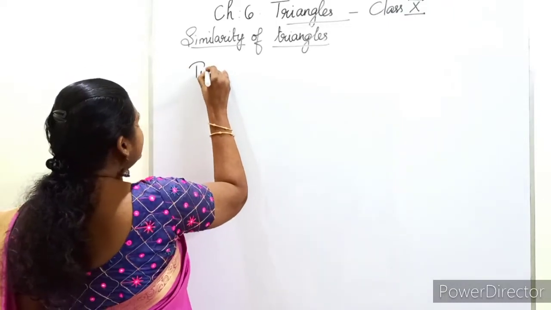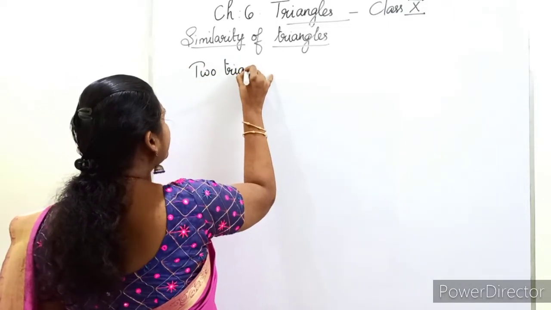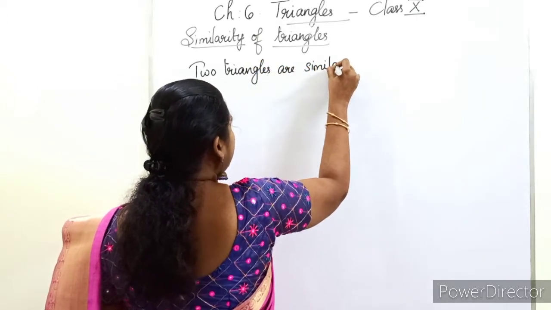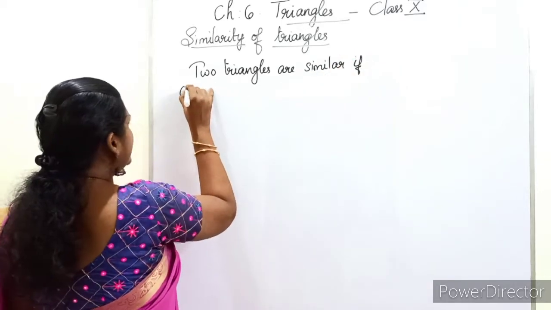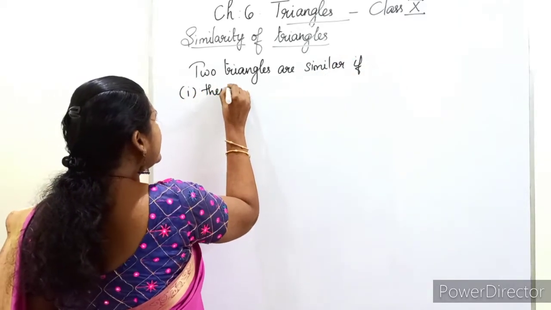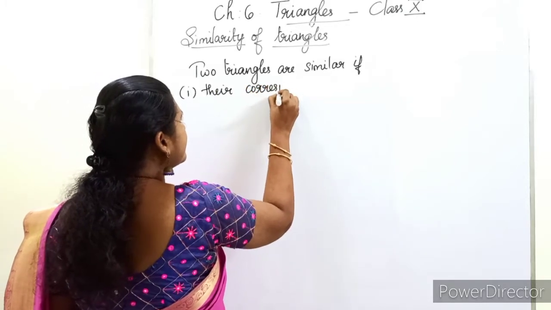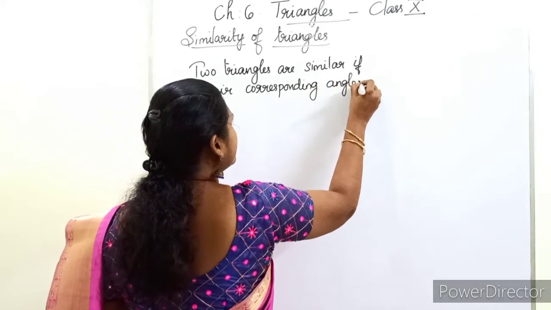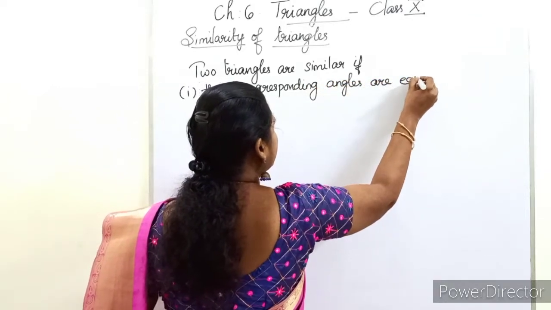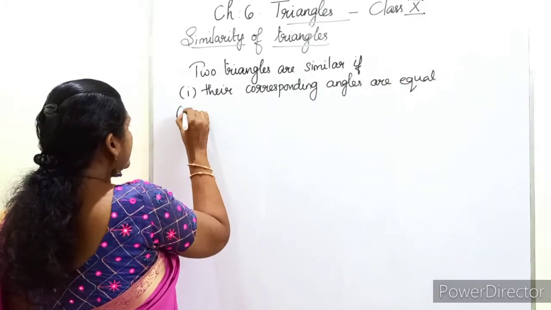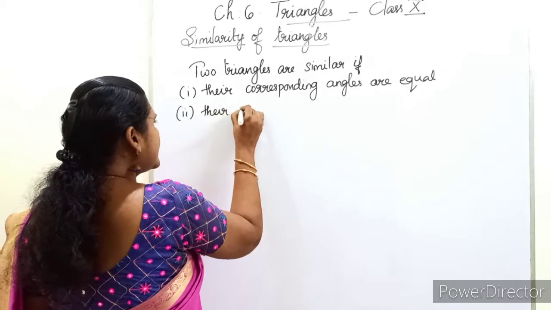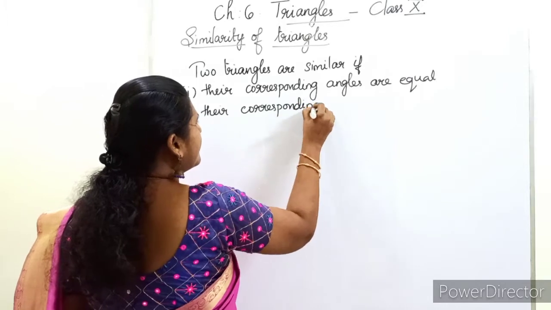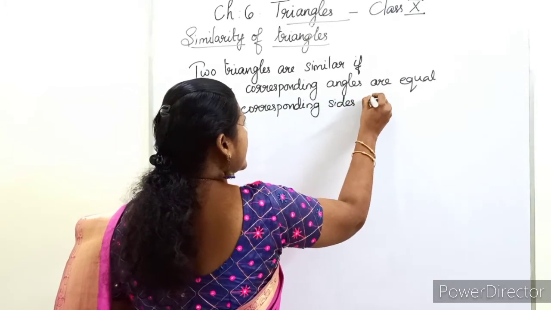So two triangles are similar if the first condition is their corresponding angles are equal, and the second condition is their corresponding sides are in the same ratio.